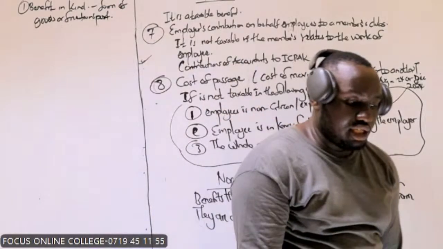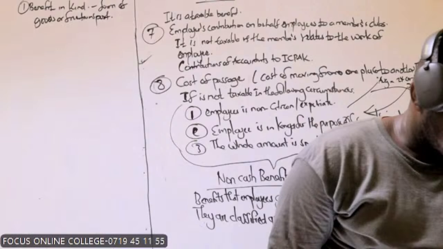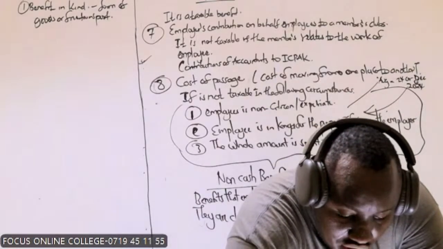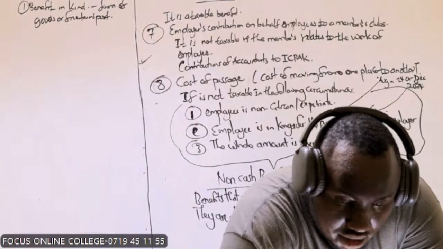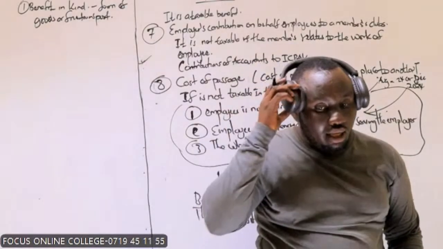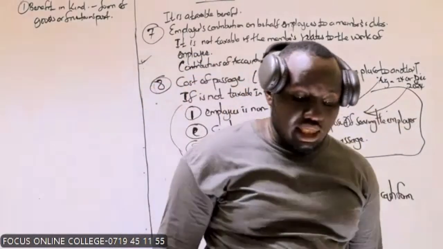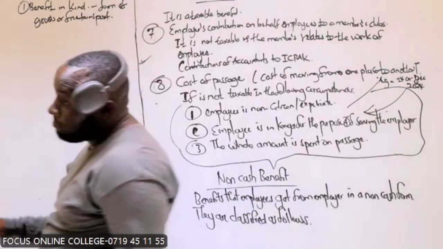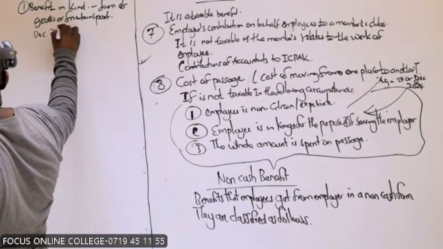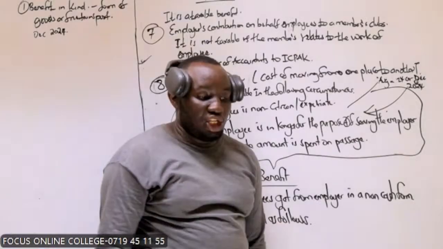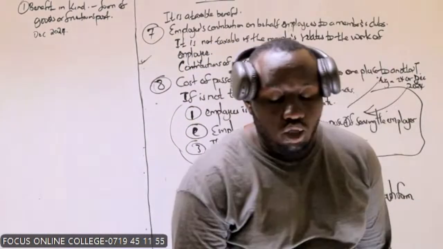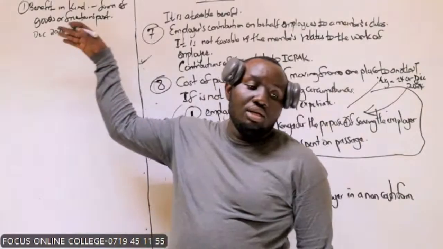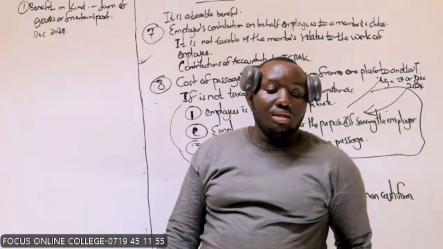In relation to taxation, how do we go about it? Up to around December 2024, what is the taxable threshold?